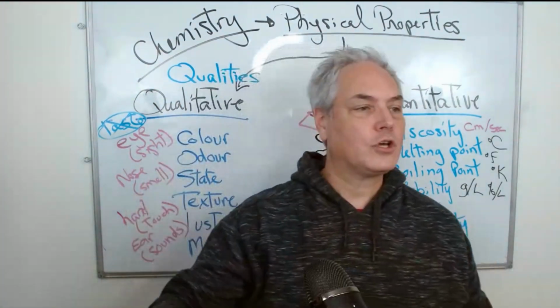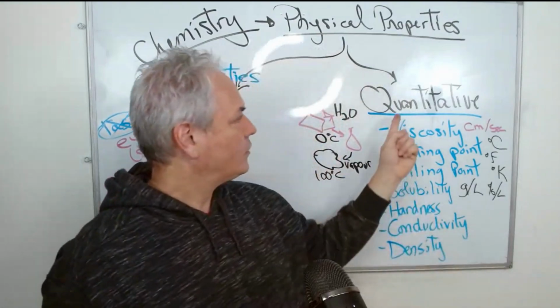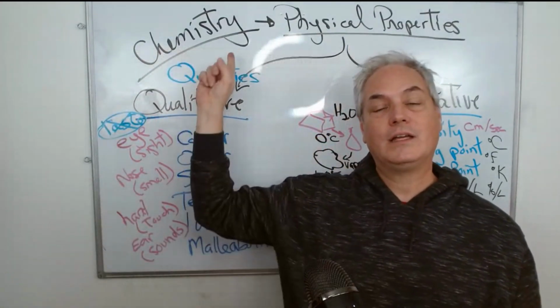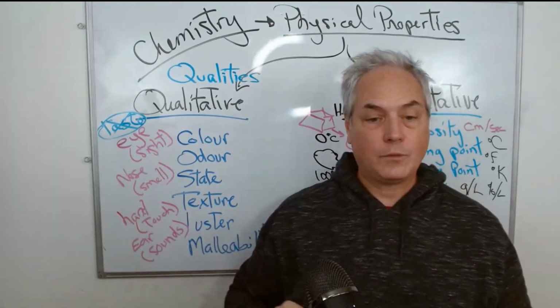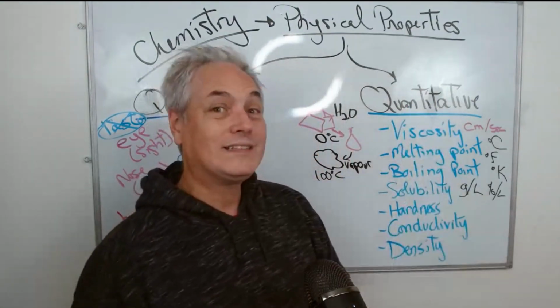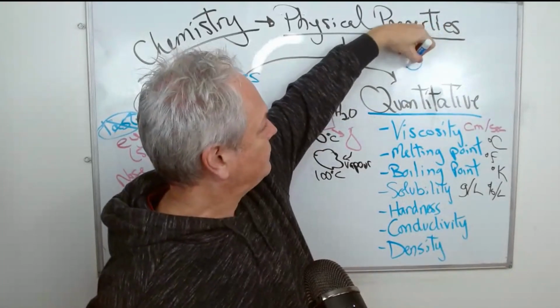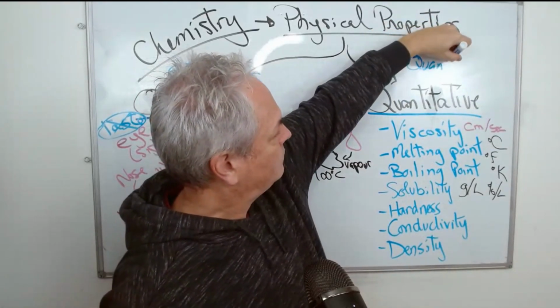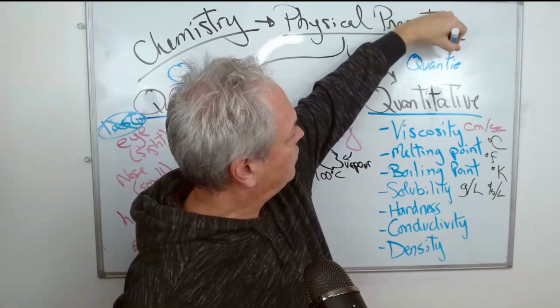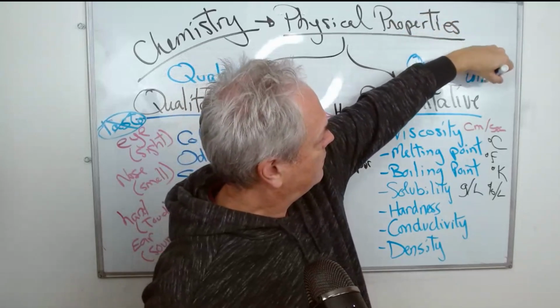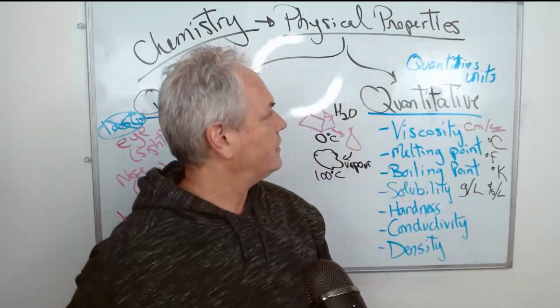And these are examples of the difference between quantitative physical properties and qualitative physical properties. For quantitative, we have a word that's called quantities, and units.